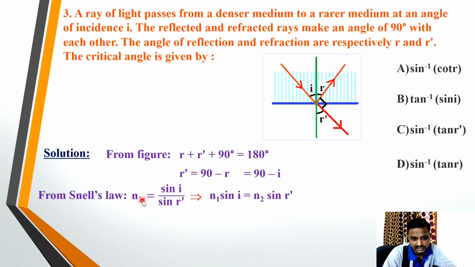so here n21 I can write n2 by n1. Then if I do cross multiplication, then I will get n1 sin I is equal to n2 sin r dash.